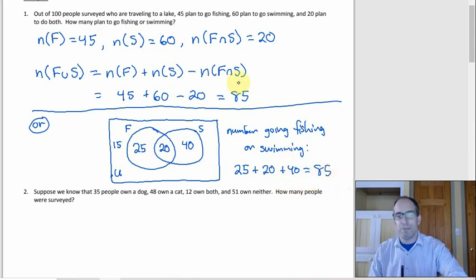So same thing as up here, which is the way it's supposed to work, right? If you use the Venn diagram, or if you use this rule that we had earlier a couple sections ago, you're going to get the same answer. All right, good. Number 2.